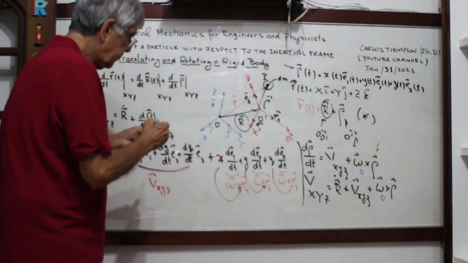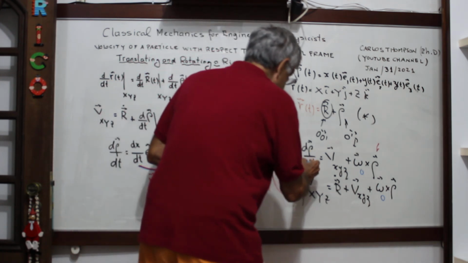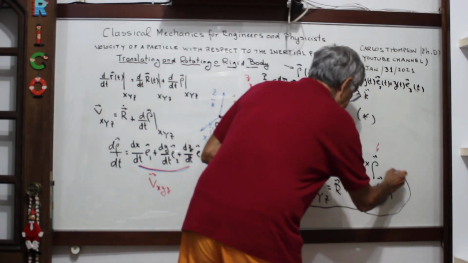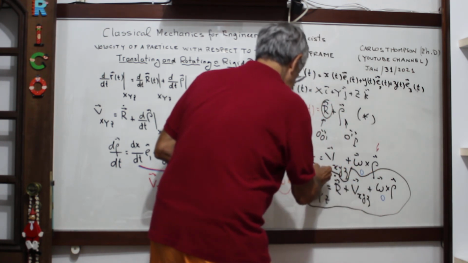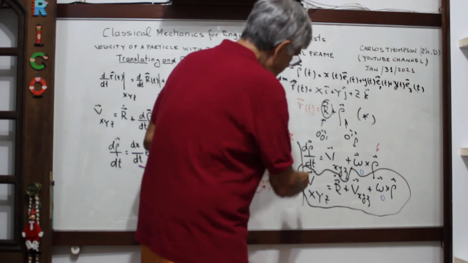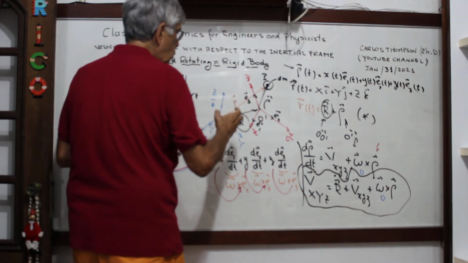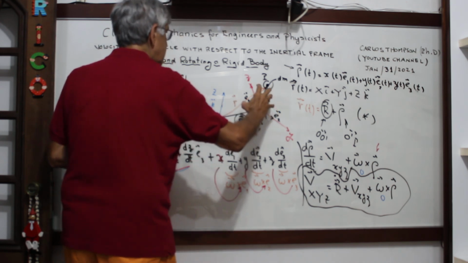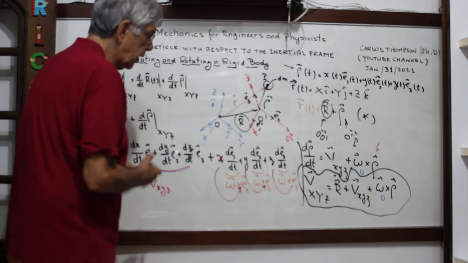That's over here. So this is a formula for the velocity of a particle in a rigid body which is translating and rotating with respect to the inertial frame.